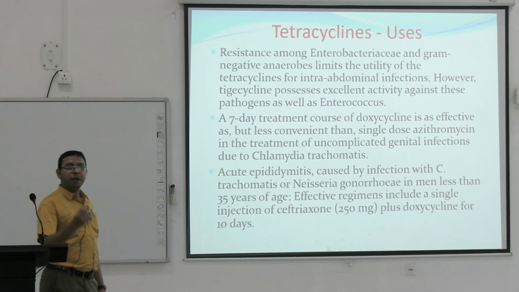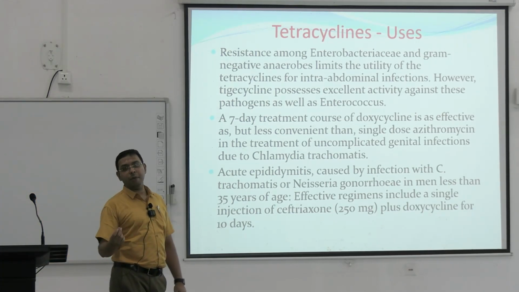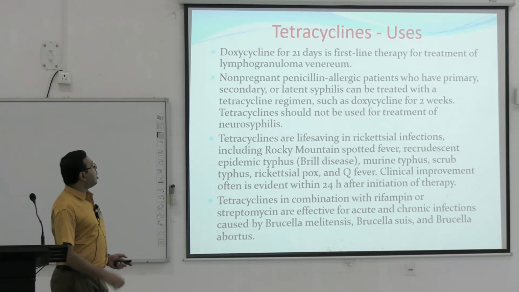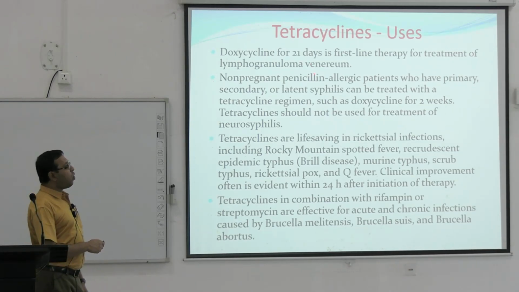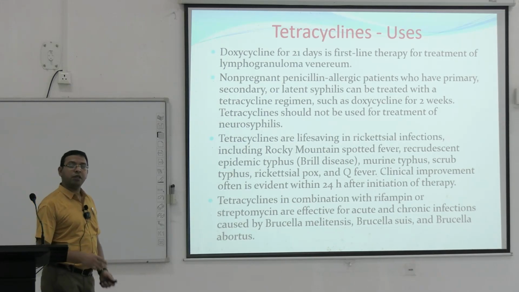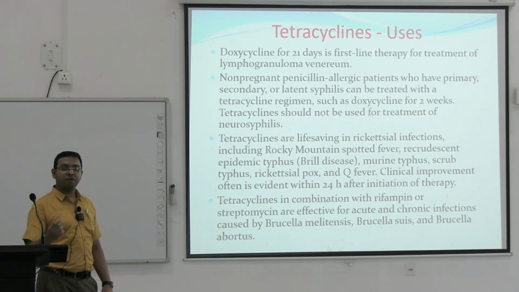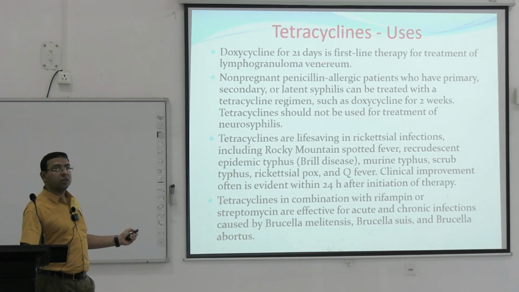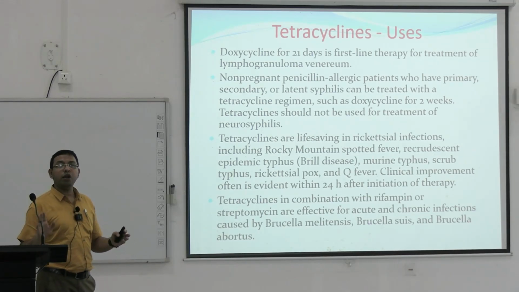Epididymitis means infection in the epididymis of the testis. Doxycycline for 21 days is the first-line therapy for the treatment of lymphogranuloma venereum. This is another sexually transmitted infection where we have to use doxycycline for a long period of time, approximately 21 days.